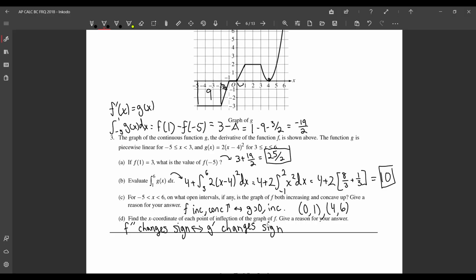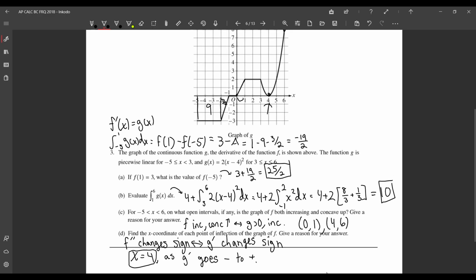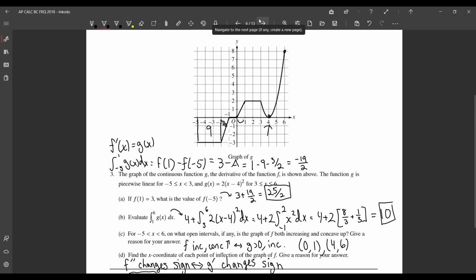So the only inflection point is here at x equals 4, as g prime goes from minus to positive. So I believe that's the only inflection point. I don't think going from 0 to some sign to 0 counts as an inflection point.